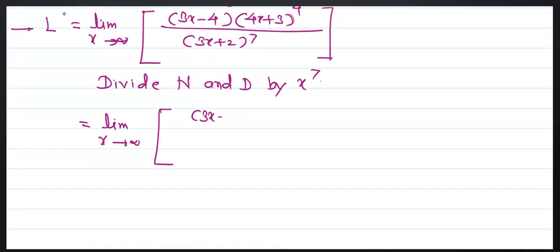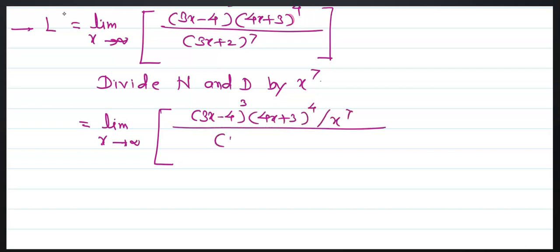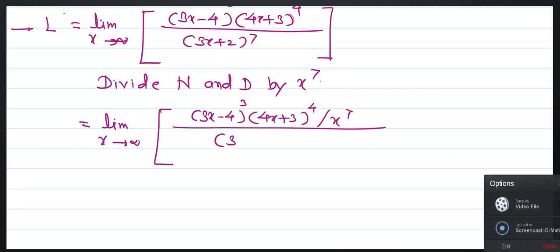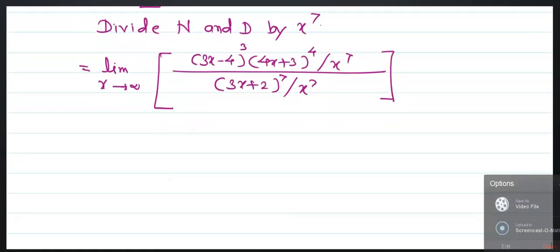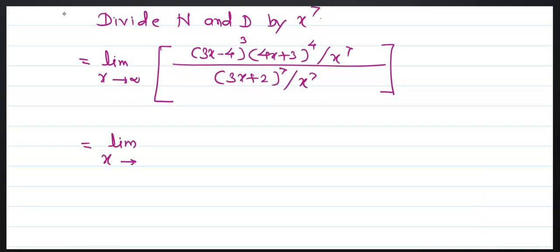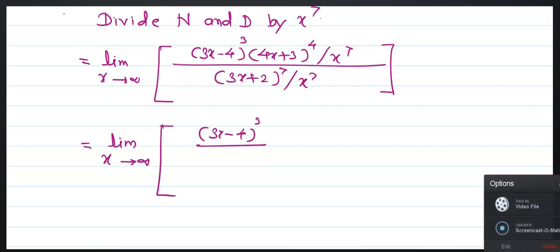Limit x tends to infinity (3x − 4)³ (4x + 3)⁴ upon x⁷, (3x + 2)⁷ upon x⁷. Now see, this is a very important step. As x tends to infinity, we'll split up x⁷ from the numerator: for the first bracket we'll take x³ and for the second bracket we'll take x⁴.